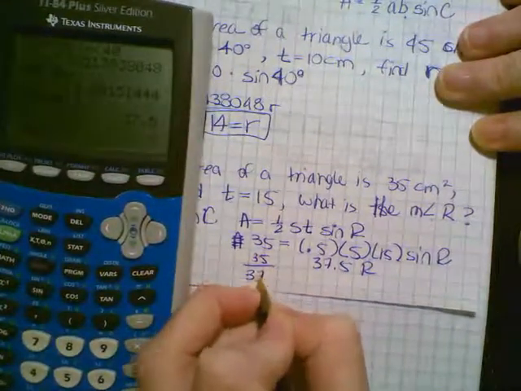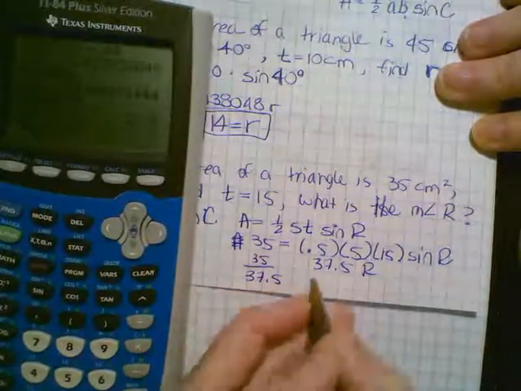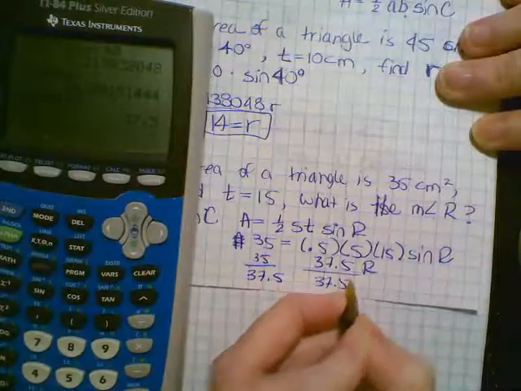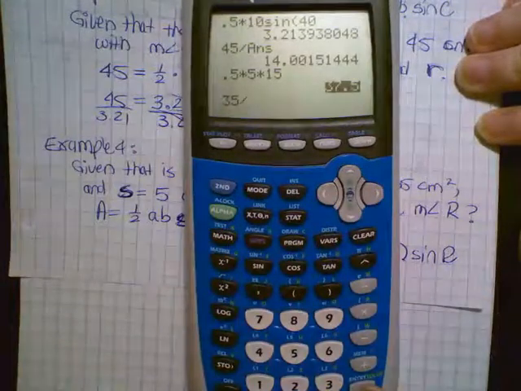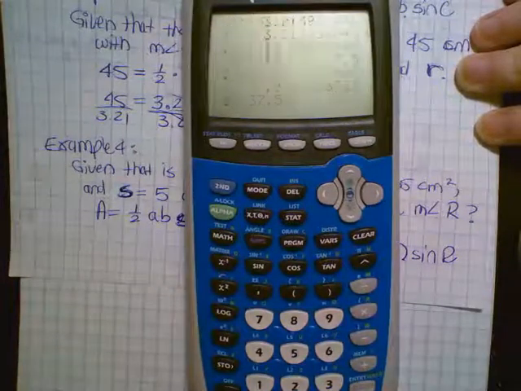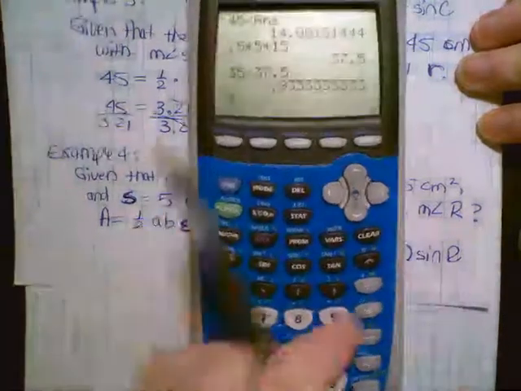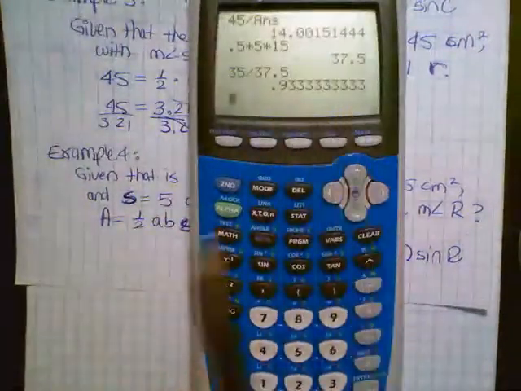So now I'm going to divide both sides by 37.5. So 35 divided by, I can also go up and grab that answer to put it there. So I got 0.93333 repeating.